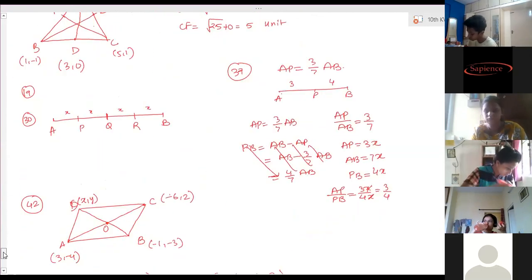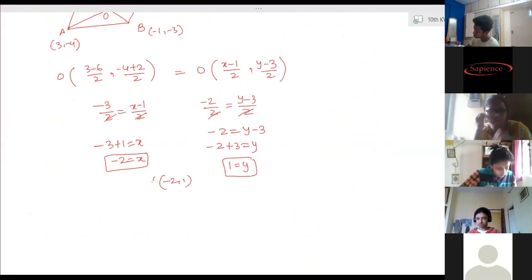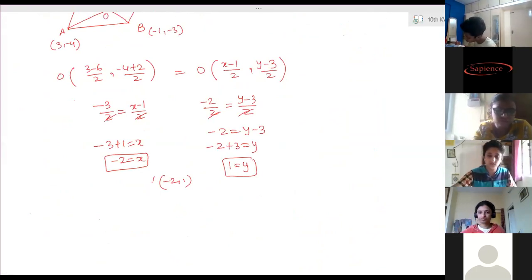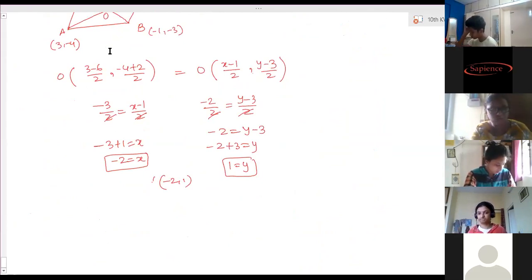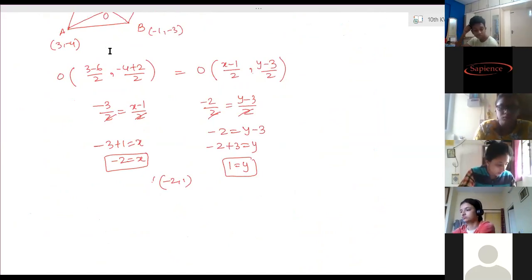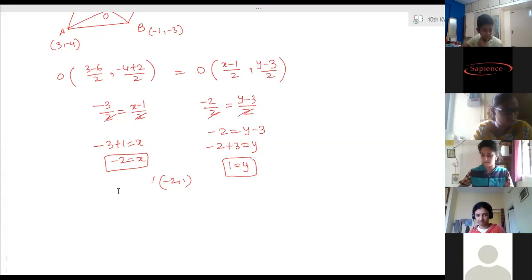Find the ratio in which the line, whose equation is given, divides the segment AB. Clear, Amina? Yes, ma'am, it's clear. Try and tell the answer. Ma'am, in the 47th question, the coordinates of the midpoints of a triangle are given, so we have to calculate all three vertices. Yes, that I will do; I was thinking the same thing, I have not explained that.